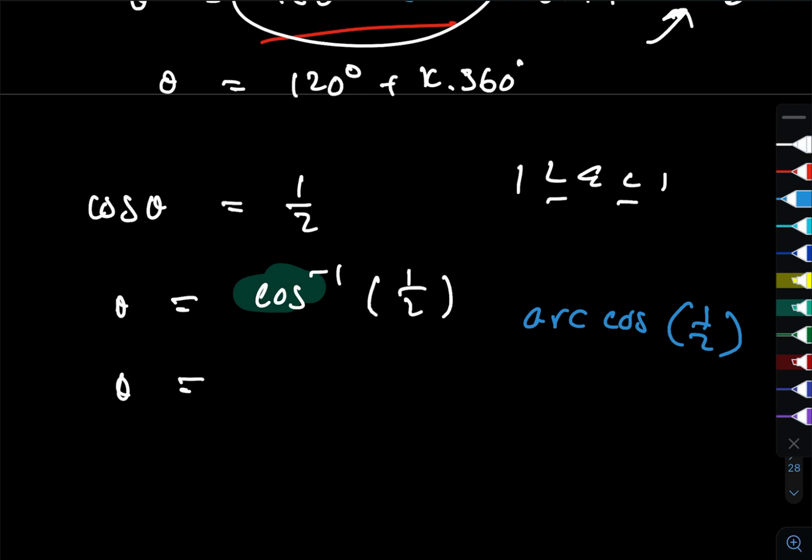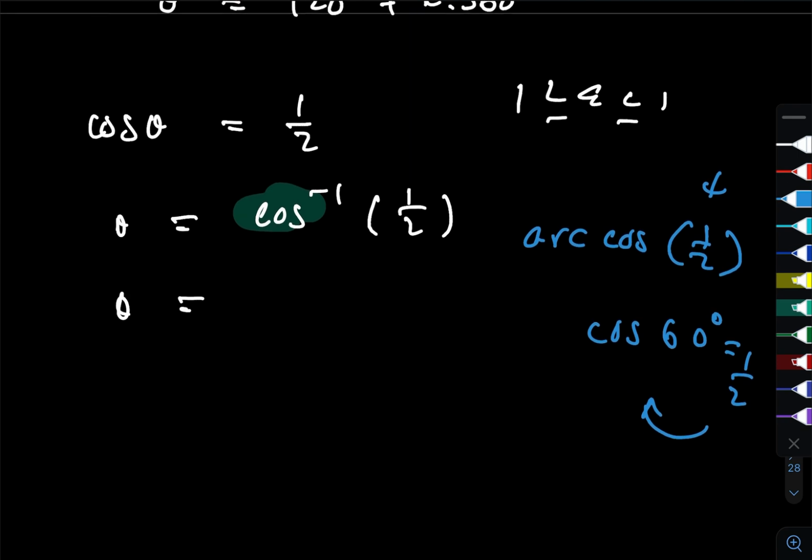The inverse of cosine 1 over 2 is more like when you think of cosine 60 degrees, which gives you 1 over 2. When we want the inverse, we're just going to go in reverse. So when we apply an inverse, look at what's left behind. If I say cosine to the -1 times cosine 60 degrees, I'm going to have to do the same thing on the right, and then there's going to be the second function.